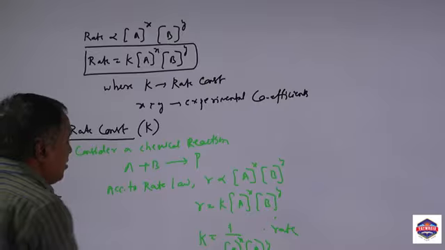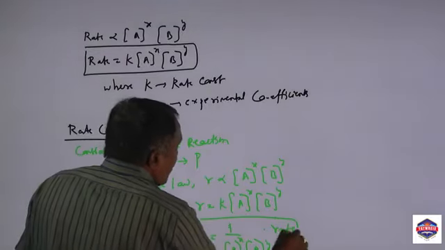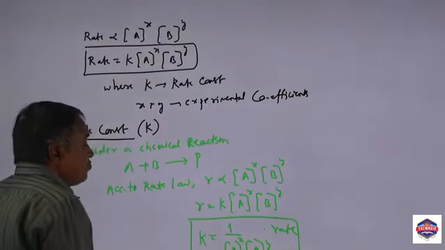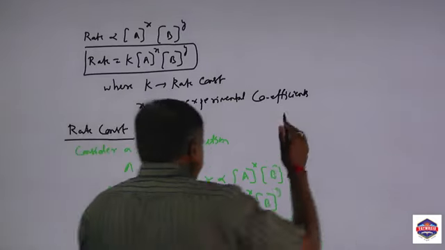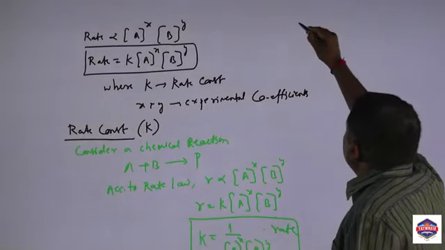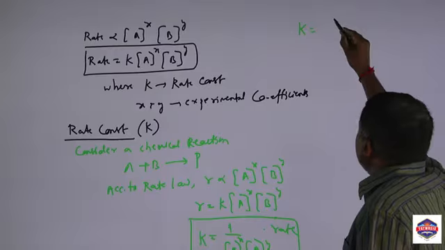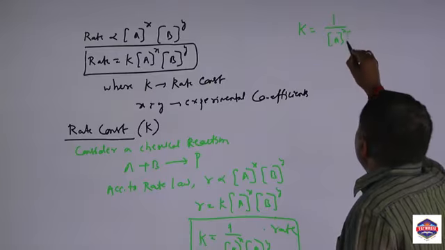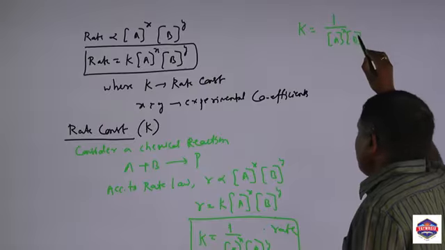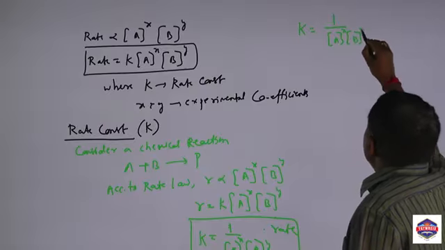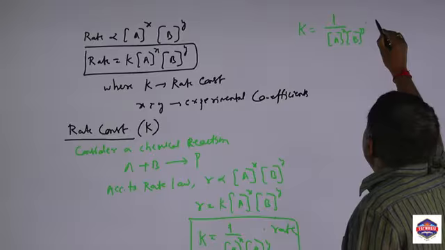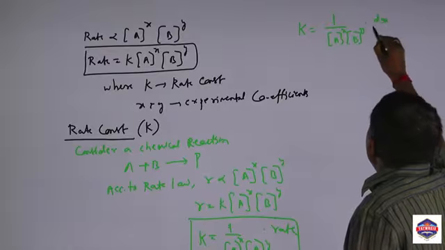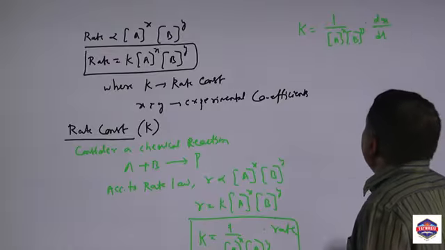This is the k. So how can we define this rate constant k? So what is rate now? Rate is equal to dx by dt. k is equal to 1 by [A]^x and [B]^y into rate. Rate means what now? dx by dt or dc by dt.